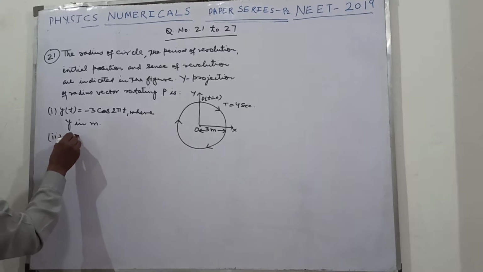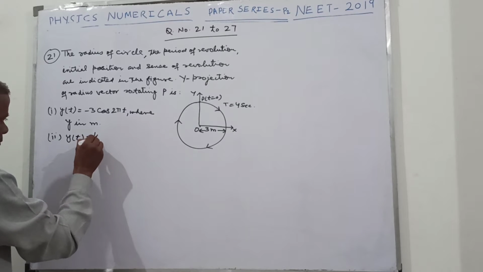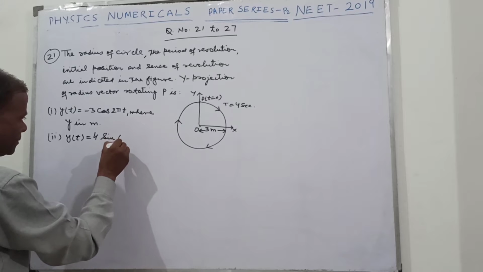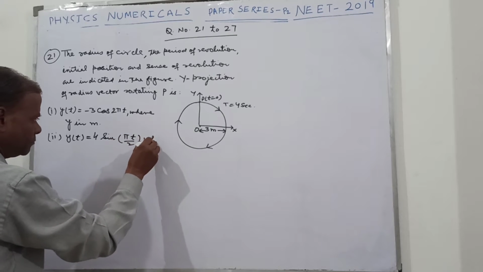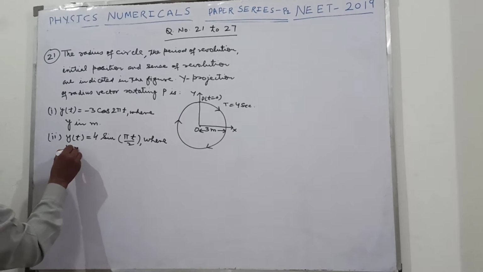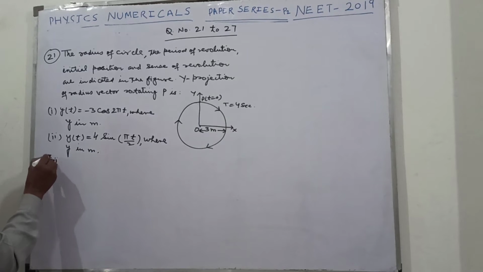Second, y(t) equal to 4 sin(πt/2), where y is in meters.